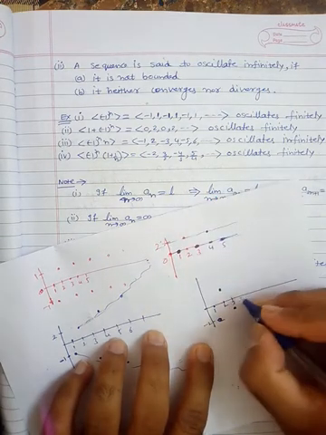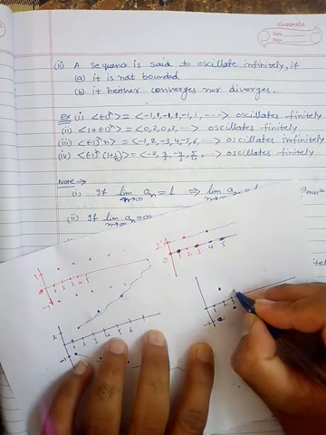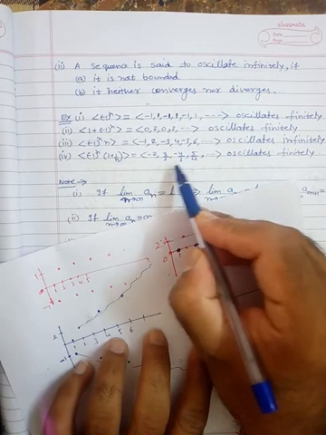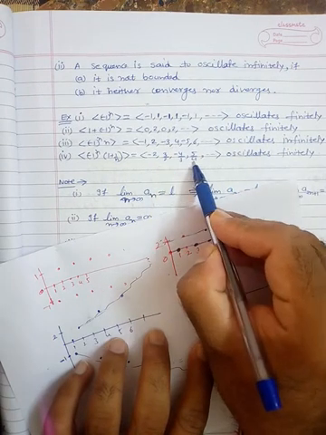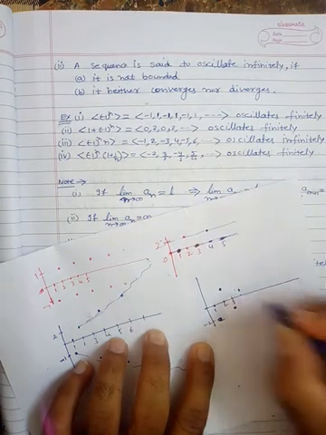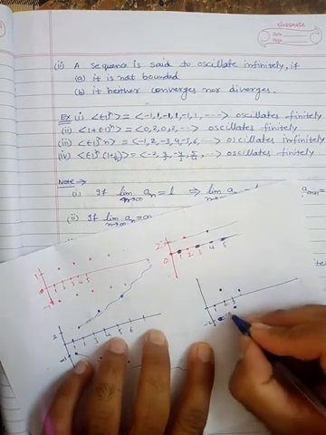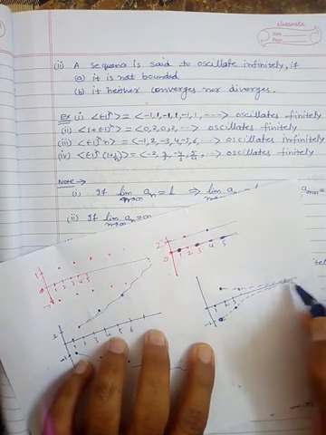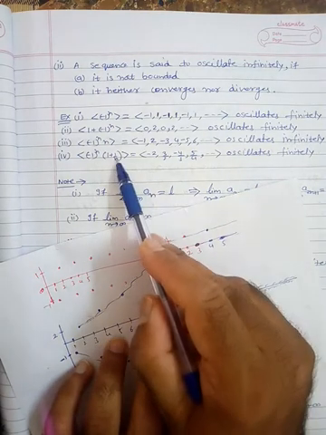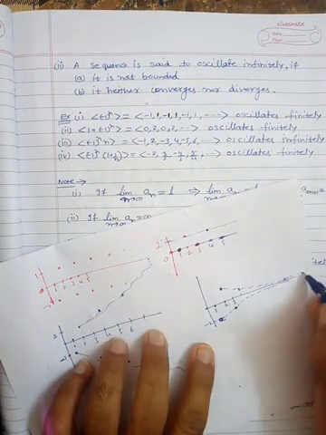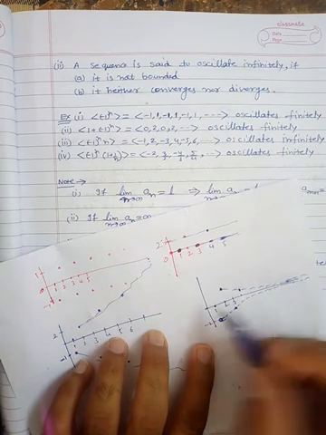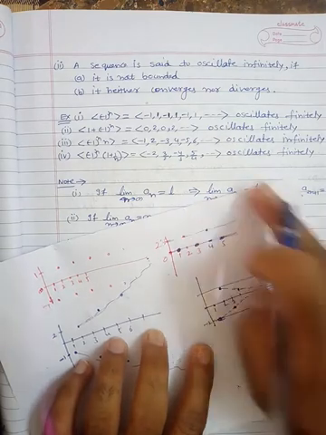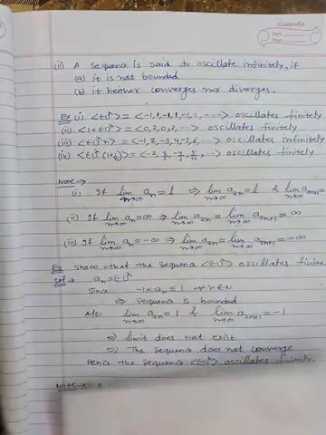Next will be 5/4, which will be somewhere here, because 3/2 is 1.5 and this is 1.25. So we have this kind of pattern. Slowly this sequence goes on. When n tends to infinity, some of the terms will be positive, some negative. So this will not converge, but it is a bounded sequence, because all the terms lie within this bound, and that's why it oscillates finitely. So these are a few examples.